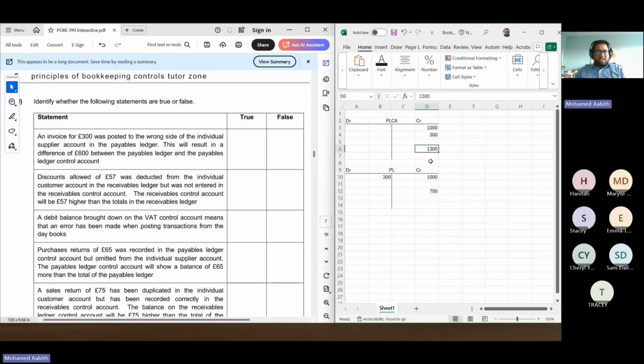So the proof is the difference between them is double the amount of error they made, which is £600. Because if you put something from this side to the other side, the difference is obviously going to be double. So this statement itself is true. It says here that the amount is going to be a £600 difference, which we proved. Okay, so that is absolutely fine.